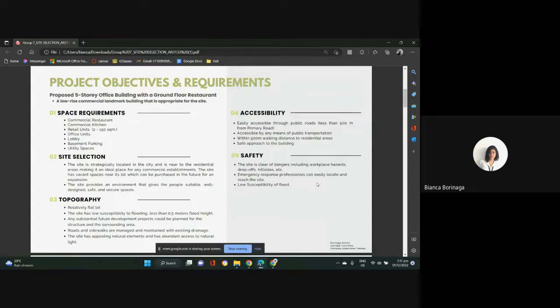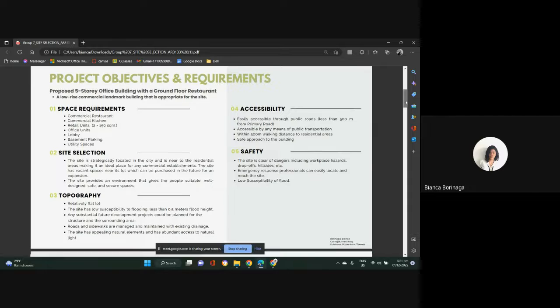We want our site to be located in an urban area, a relatively flat lot, near and within walking distance to residential areas, and also usable for future expansion. We also prioritize safety, including being far from workplace hazards, and emergency response can easily reach the site. Most importantly, it is easily accessible through primary roads with low susceptibility to flood and a good drainage system.